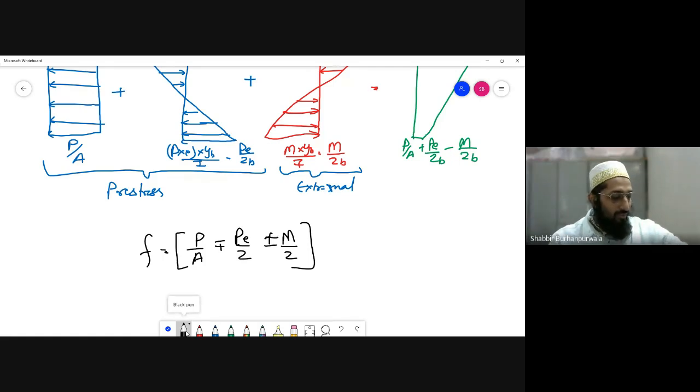Okay, so let us move to the next example, example 3.